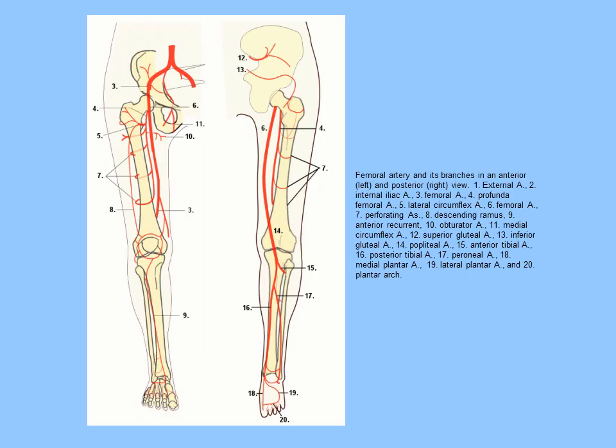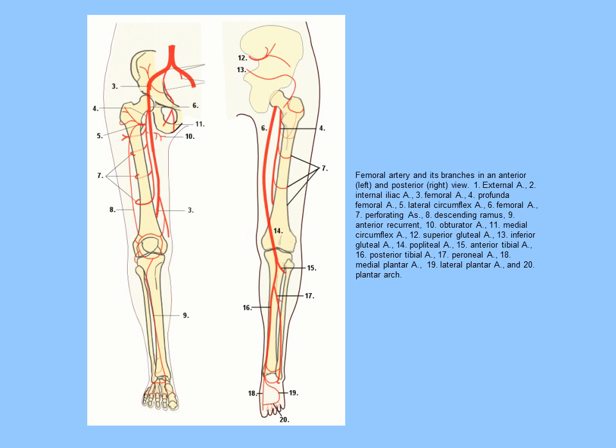Blood supply to the entire lower extremity comes via the femoral artery. As you'll recall, off of the abdominal aorta, we had an external iliac and an internal iliac artery. The external iliac artery, once it descends inferior to the inguinal ligament, will be called the femoral artery.